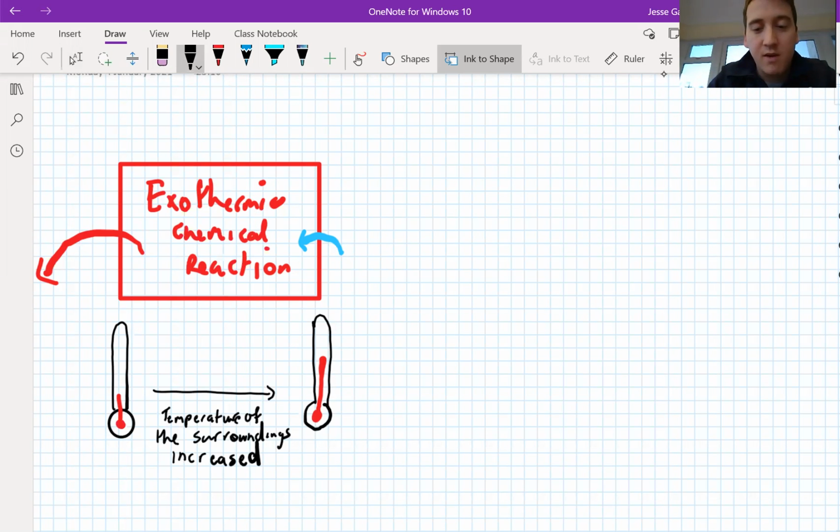The other case is if we have a chemical reaction and we have our thermometer like this. In the beginning of the reaction, our temperature is like that. And then the reaction proceeds. And by the end of the reaction, our thermometer looks like this.